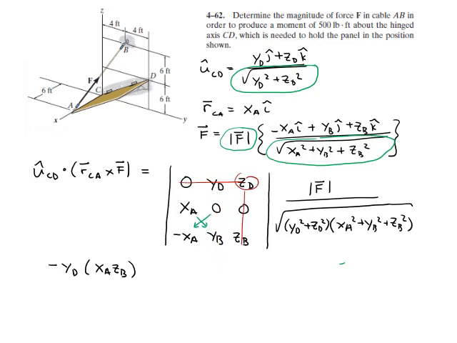And then finally for the third row, I've got plus zd times xa yb, and that's it.